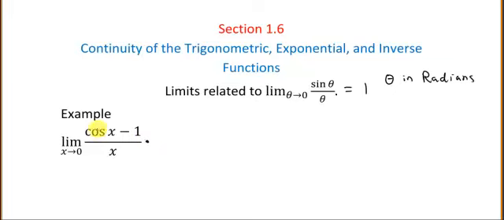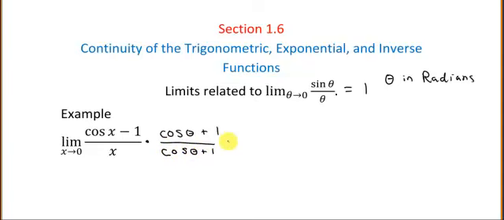So what we might do, and this you've seen in trigonometry class, is that to simplify an expression, multiply it by the conjugate. We form the conjugate by changing the sign on the second term. So we multiply instead of by cosine of x minus 1, cosine of x plus 1, and of course we multiply by that over itself, so we don't change any values.